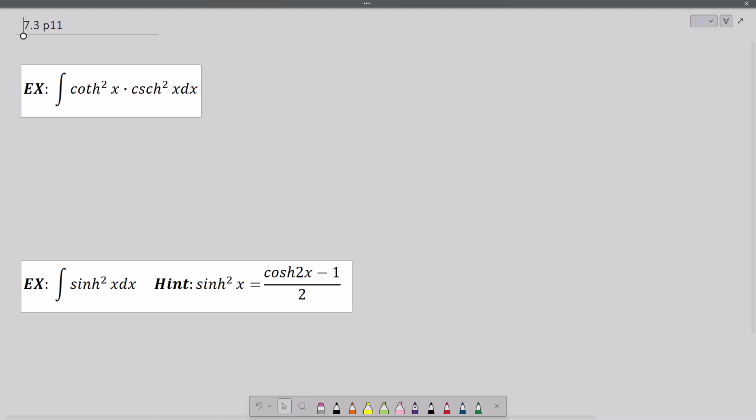Okay, top one here. Again, u substitution is pretty much all you have to go with. What do you want to let u equal? Csch? Yeah, trying to sound out csch will give you a headache.